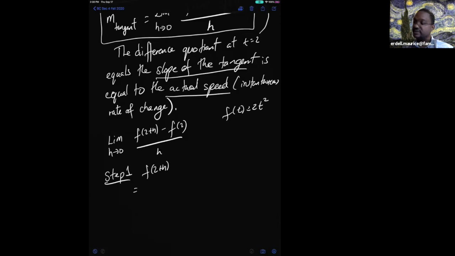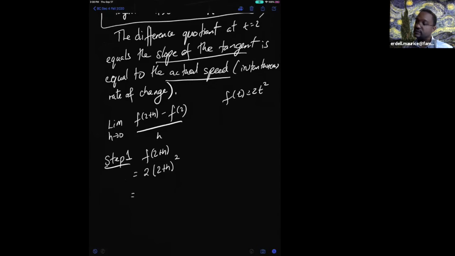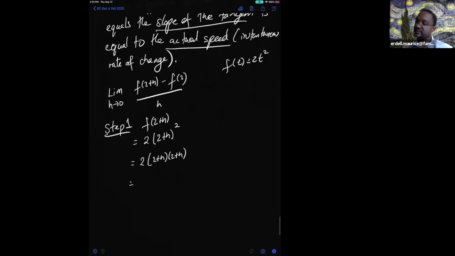So f of 2 plus h is 2 times 2 plus h raised to the second power. And that's going to be 2 times 2 plus h times 2 plus h. I've got to foil this thing out: 2 times 2, 4. 2 times h, 2h. h times 2, 2h. h times h, h squared.